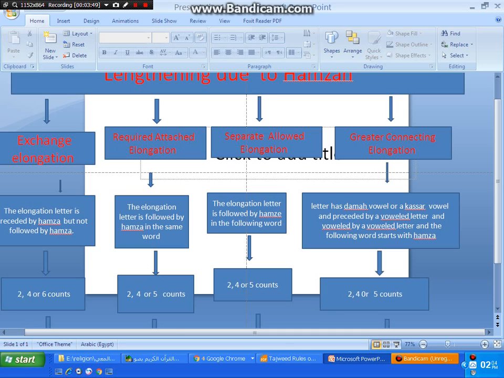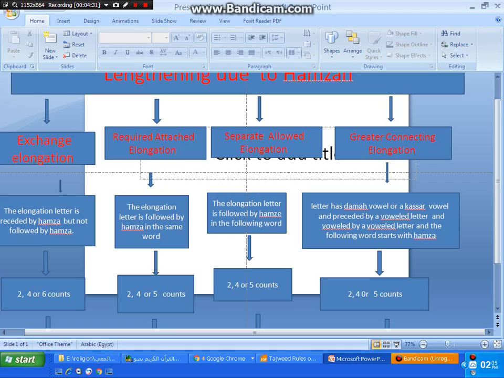If we have the Arabic pronoun ha at the end of a noun, in particular, that has a vowel of dhamma or kasra, and it is between two vowel letters, just to say, the letter before it has a vowel, and the letter after it also has a vowel, and the first letter of the next word should be Hamzah. This is called greater connecting elongation.